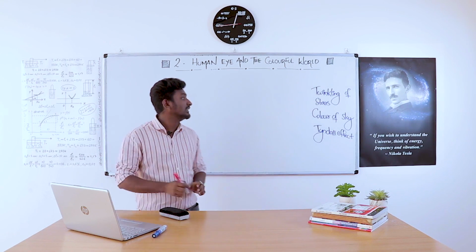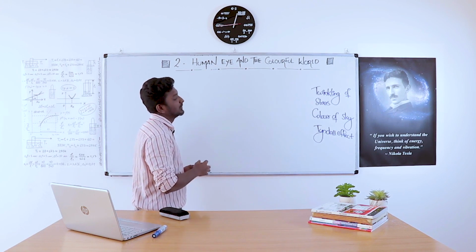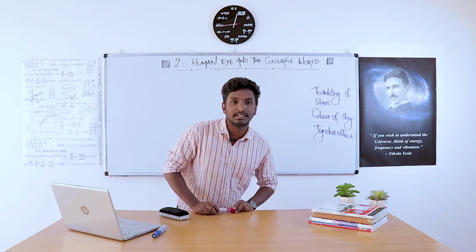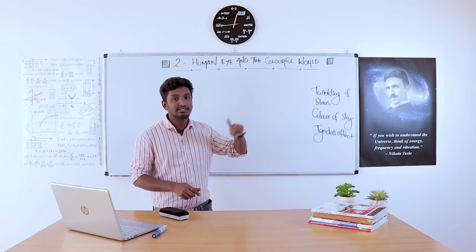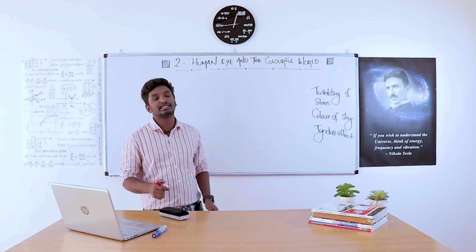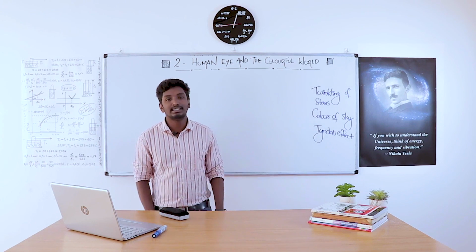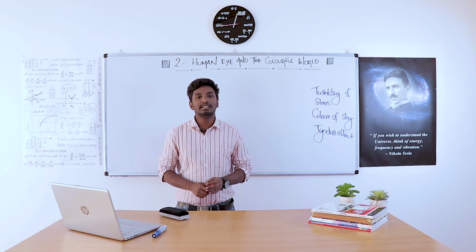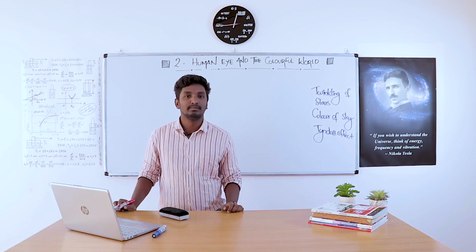Okay. Next, the last topic of the chapter is Tyndall effect. What do you mean by Tyndall effect? You have studied this effect in the previous class, that means 9th grade chemistry. Tyndall effect means scattering of light by colloidal particles.